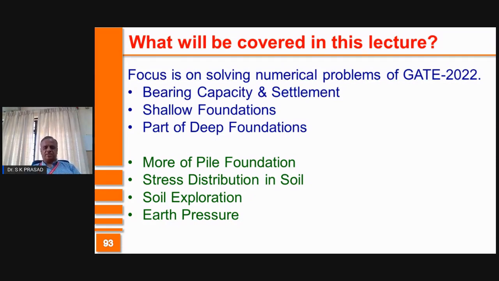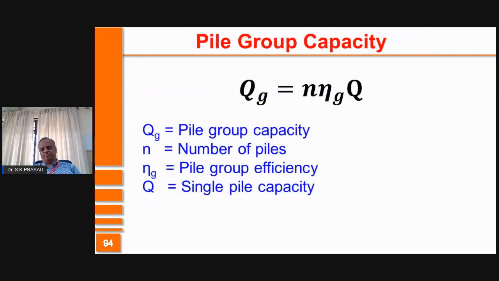The deep foundation we normally deal with is pile foundation. So some more problems related to pile foundation, then stress distribution in soil, soil exploration, and earth pressure. These are the areas in which I plan to cover the next portions of my lecture.